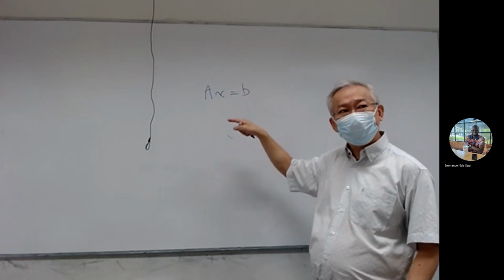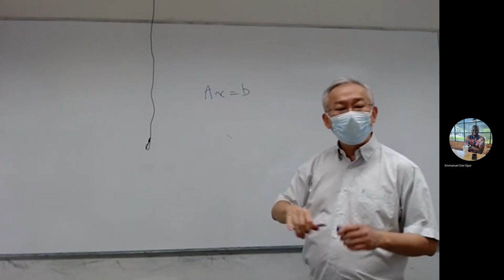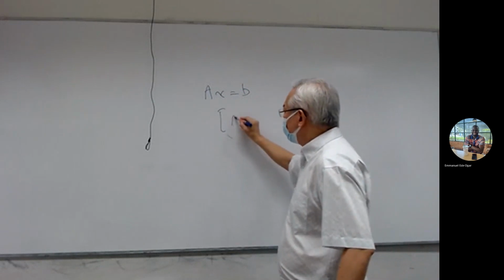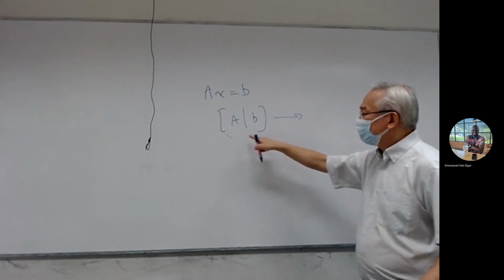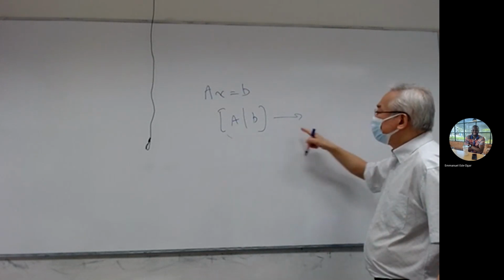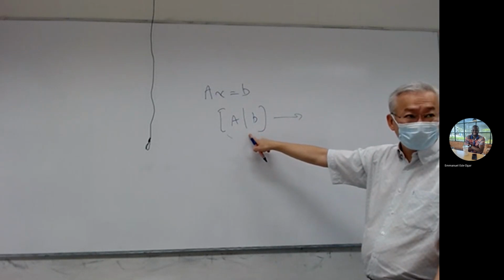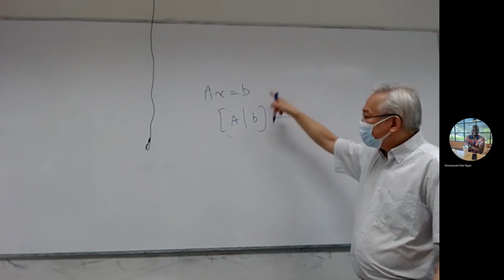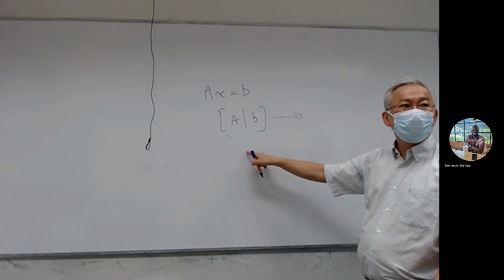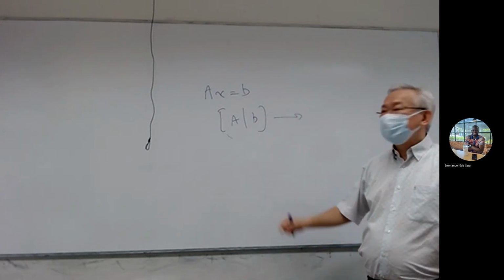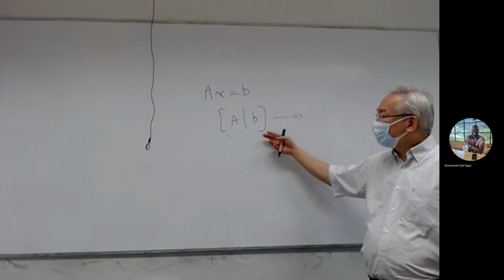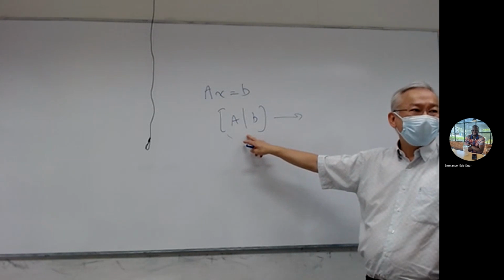In this situation, when we use Gaussian elimination, we apply row operations to A augmented with B until it is in echelon form. If we change the B matrix, then we have to do the elimination process again, so we have to apply the row operations again.